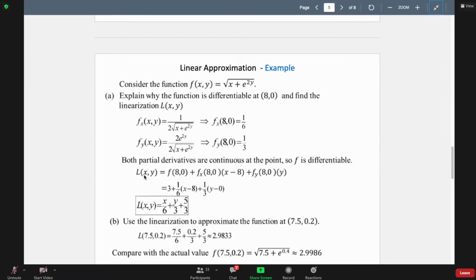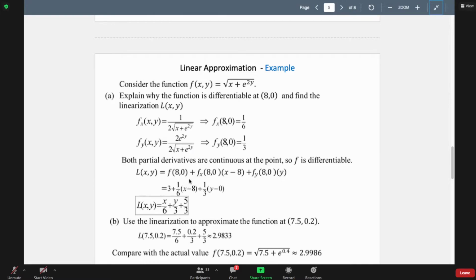And now, of course, what is this plane? z equals L of (x, y) is equal to z0, that's f of (x0, y0), plus fx at this point times (x minus 8), the point we are interested in is (8, 0), and plus fy at this point (8, 0) times (y minus 0), which is y.